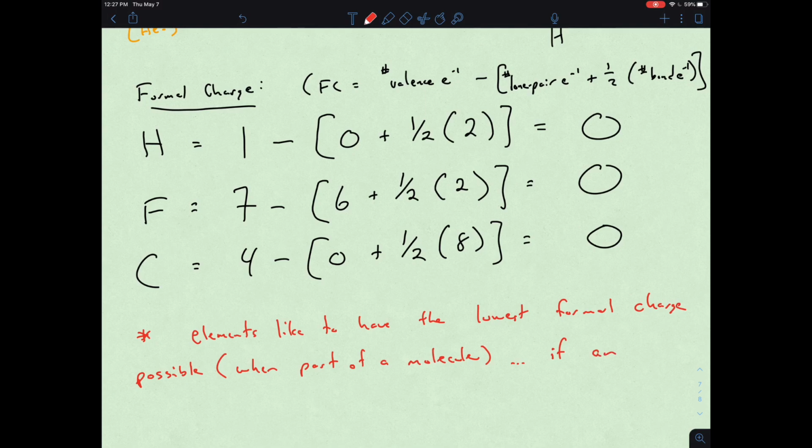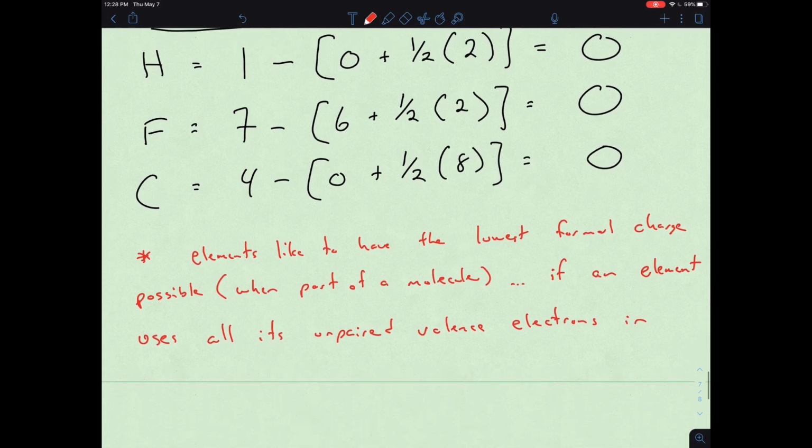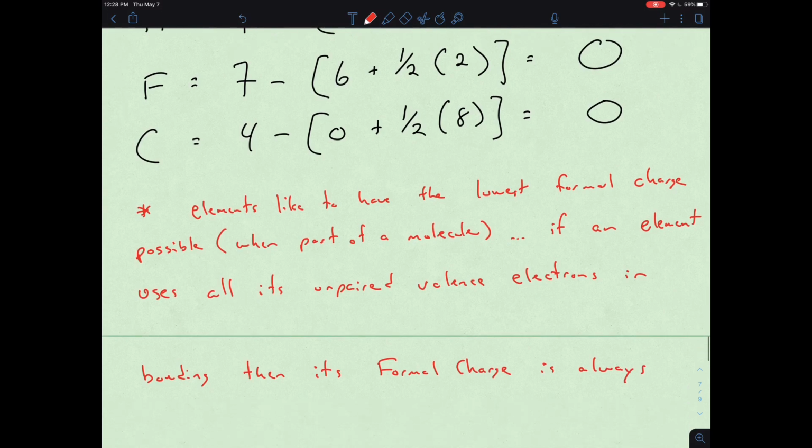If an element uses all its unpaired valence electrons in bonding, then its formal charge is always equal to 0.